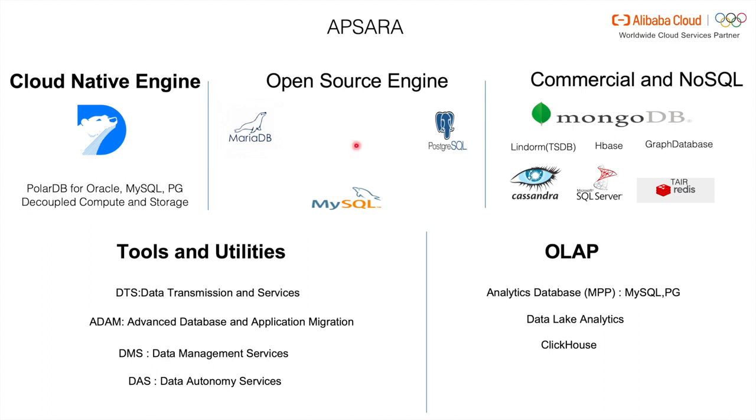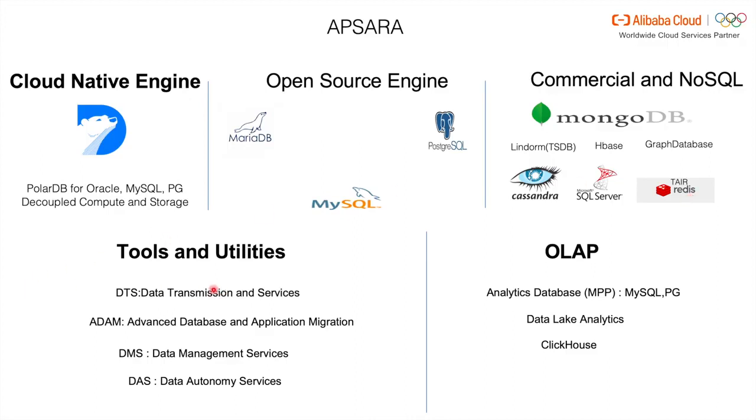Then we have open source engines, again MariaDB, Postgres, and MySQL. And to be very specific, like what we call Redis, in Alibaba we have designed our own, which we call Tair, which is much more advanced and performance enhanced than the native one. Then we have time series databases also.